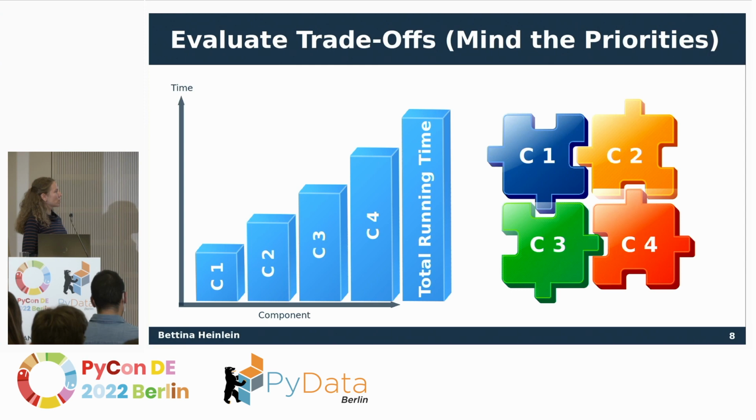So imagine we would have an application which consists of 4 different components, and we would always have to keep in mind that we have an upper limit of our running time. And while building every step of this pipeline, we needed to keep that in mind, to not exceed the upper limit.